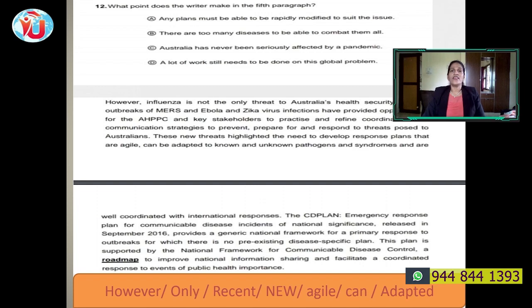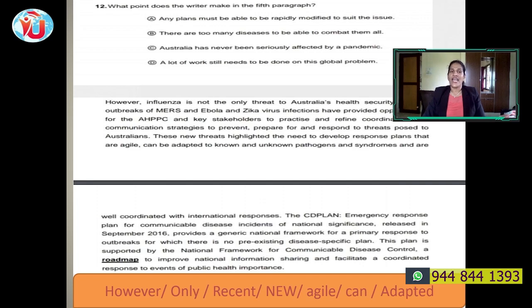What is the answer here? The answer is A. Why do you say A? Because any plans must be able to be rapidly modified to suit the issue. Where it is written rapidly to modify, it is said these new threats highlighted the need to develop. Develop means you need to modify or make it change. Develop response plans that are agile.